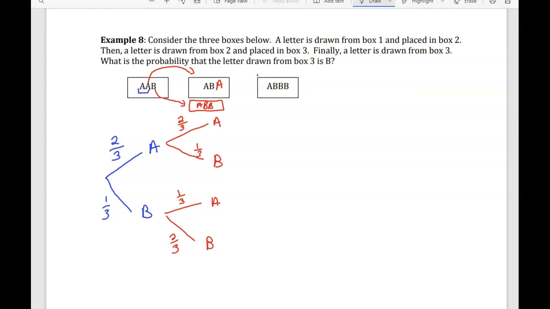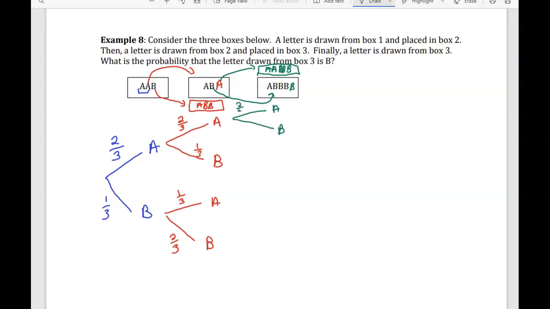Now, again, I'm going to go up above this time. It's going to depend on, did we draw the A? If we draw an A, we're going to look like this. If we drew a B, we're going to look like this. And it doesn't matter which box it came out of, it's just an A or a B. So if we drew an A, we get 2 out of 5.